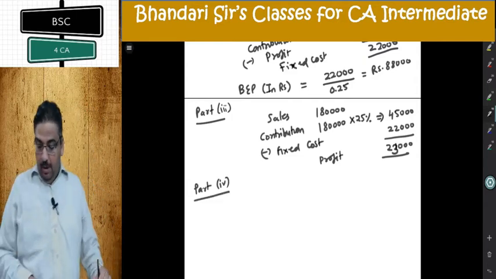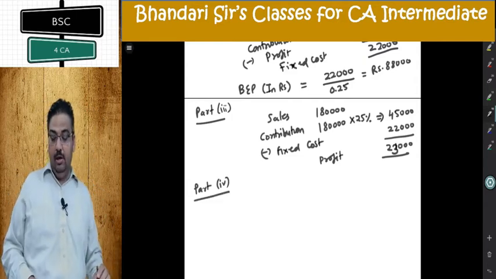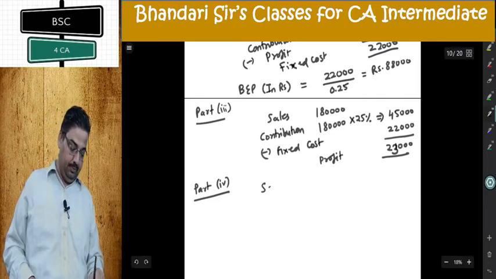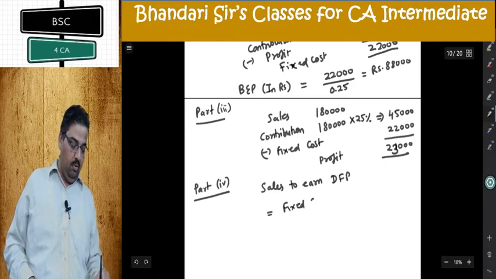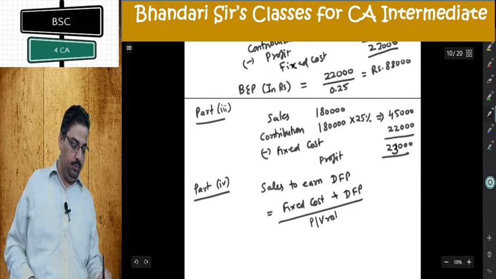Part 4. In part 4, you are having sale to earn desired fixed profit. Sales to earn desired fixed profit is equal to fixed cost plus desired fixed profit whole divided by PV ratio. The sale in rupees.